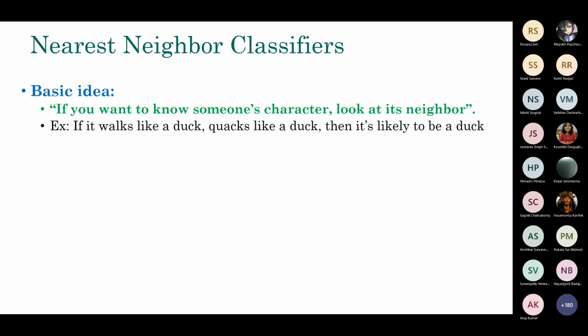The basic idea is, and this is an old saying, that if you want to know someone's character, look at his neighbor. That's the basic idea behind this classifier. So if it walks like a duck, then it is likely to be a duck. The feature being used here is how a particular species is walking and how it is quacking, and from this you can say whether this is going to be a duck or not.